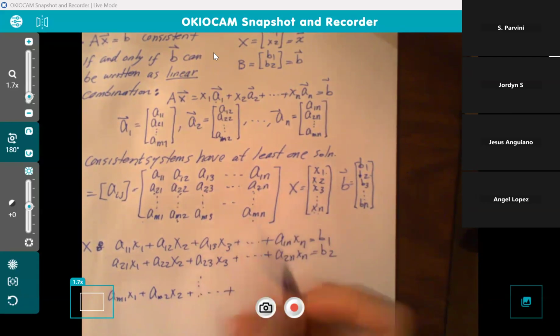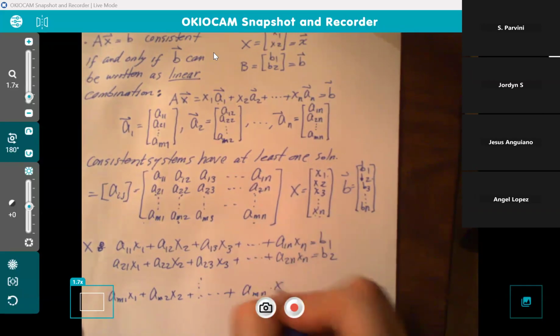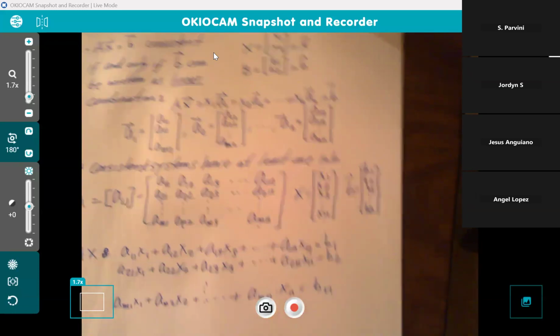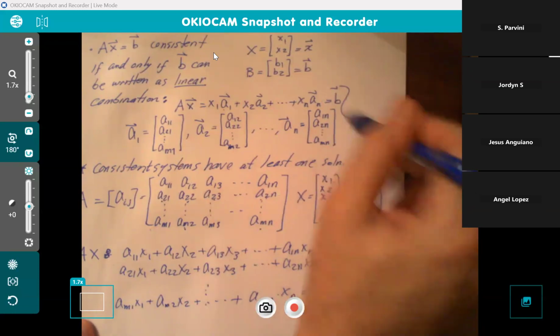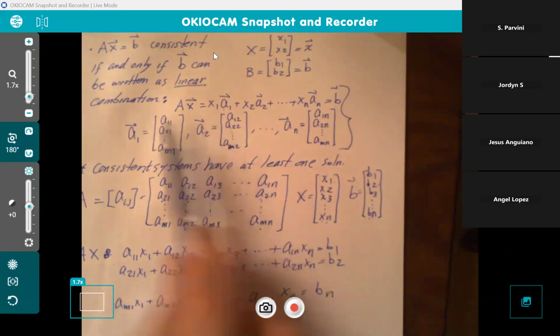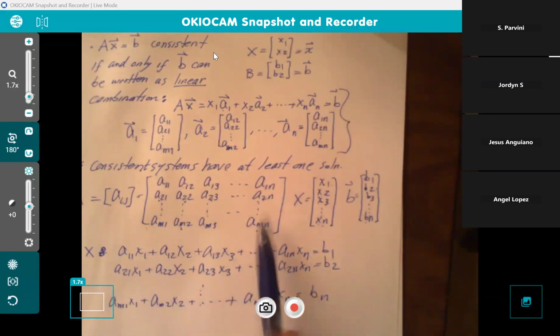Last one is Amn times xn. That should equal Bm. So that's what all of this is telling us. Once you put them back together as a matrix, it makes sense, that multiplication.